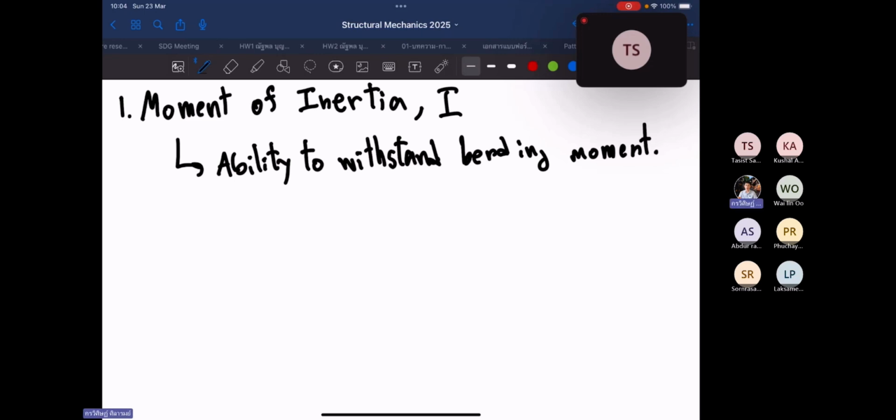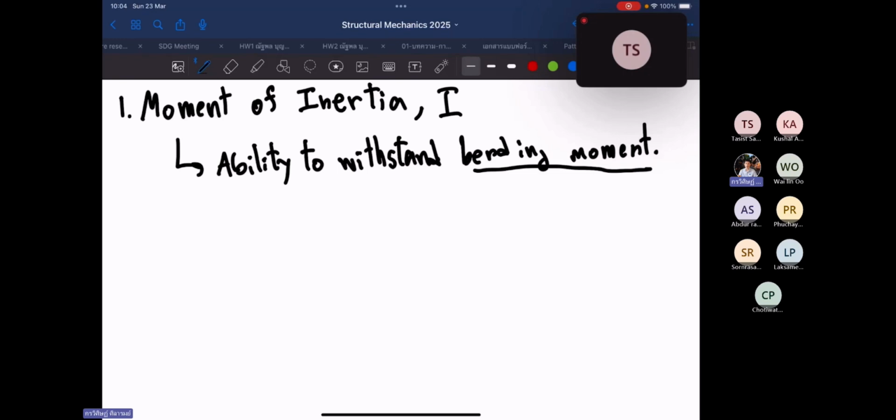Okay, and as for this bending moment, this one is the major cause of the failure in most beams. So we design a beam so it can withstand this kind of external force, the bending moment.